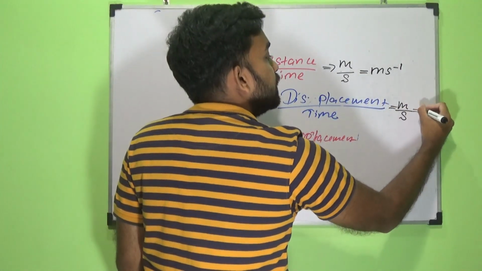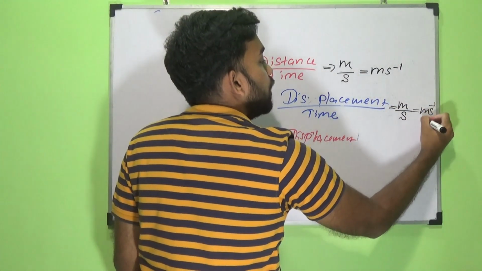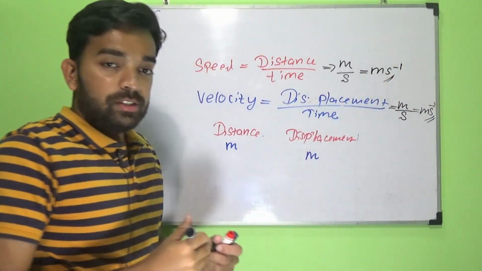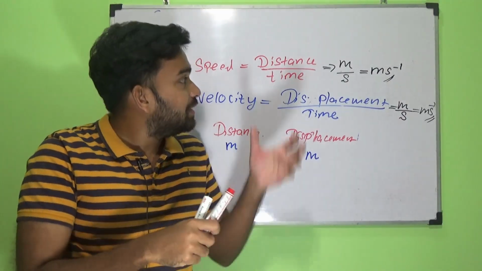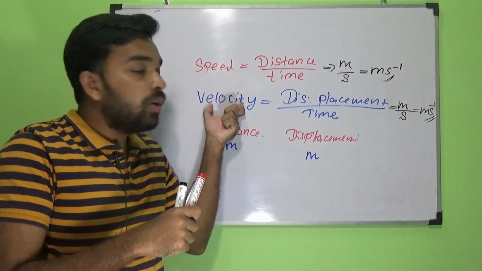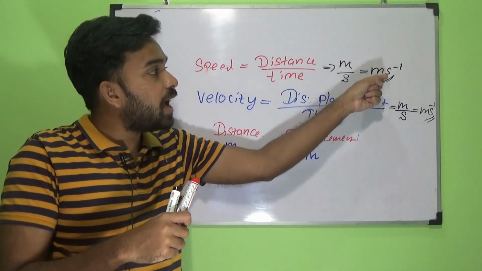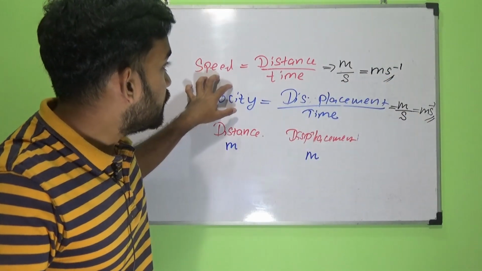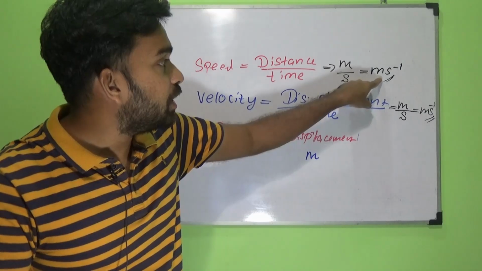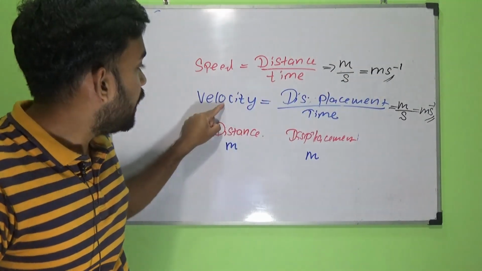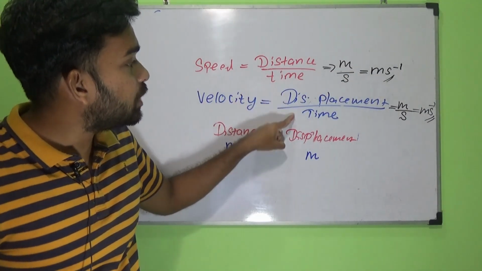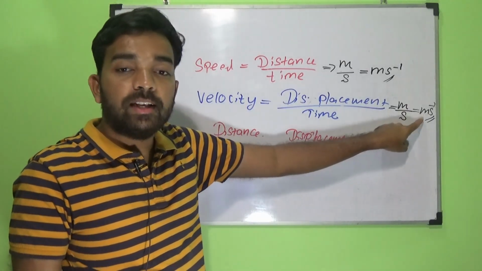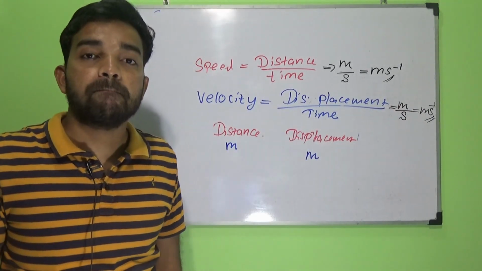So again this is going to be m s^-1. For both speed and velocity, the units are going to be m s^-1. So speed equals distance divided by time and the unit is m s^-1, and the velocity equals displacement divided by time and again the unit is m s^-1.